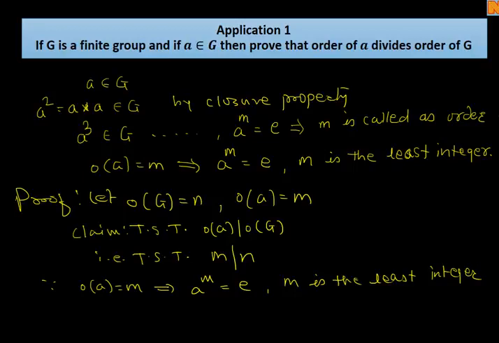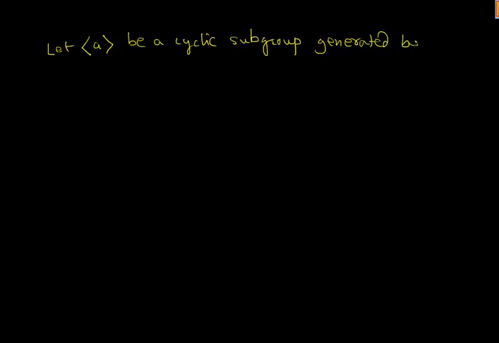Using this fact, we can construct a cyclic subgroup generated by this element A. The cyclic subgroup is denoted like this. So let this symbol denote the cyclic subgroup generated by the element A.